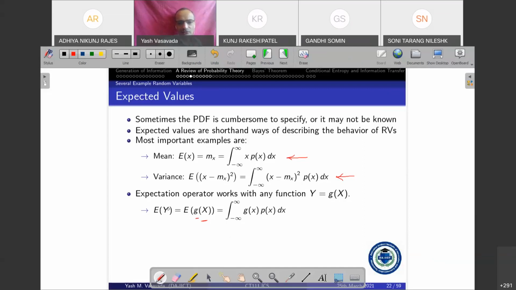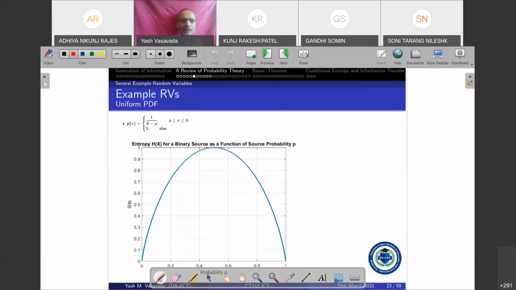The output should also be a number, denoted here as y. If you want to determine the expected value of y, then this formula applies. This is one mathematical formula that we'll keep in mind.